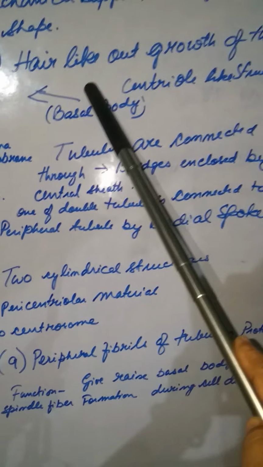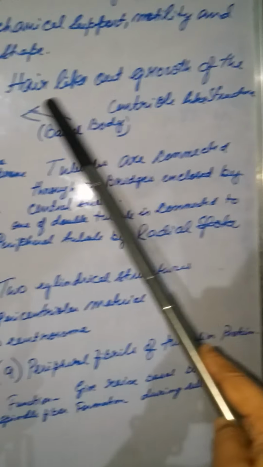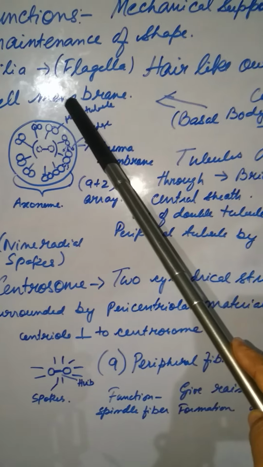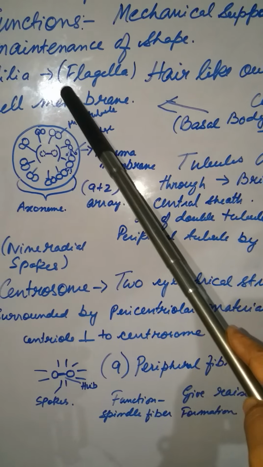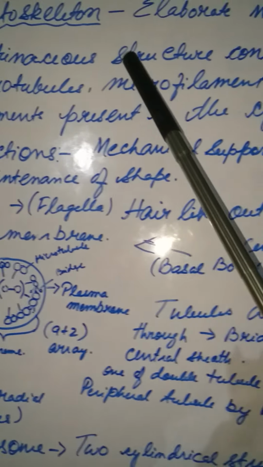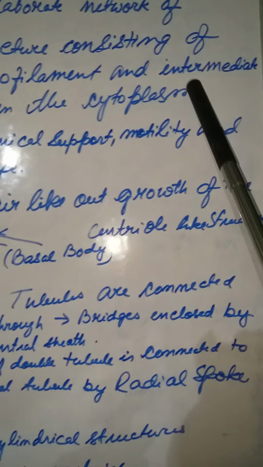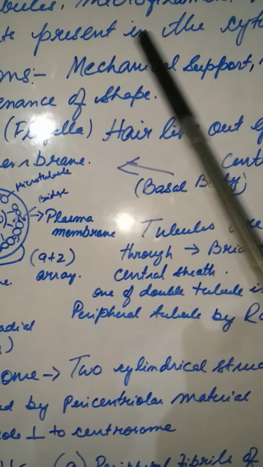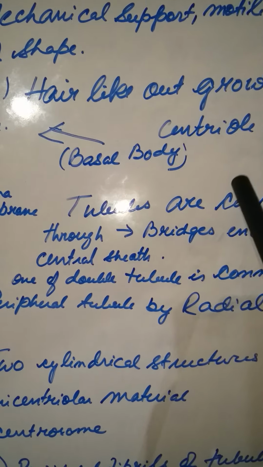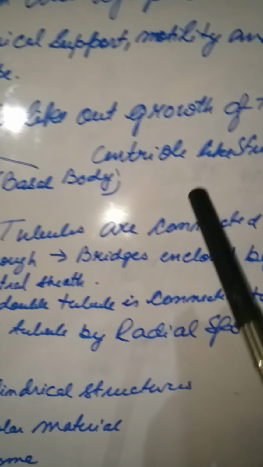They are hair-like growths of the cell membrane. That means they originate from the cell membrane. Now, these two centriole-like structures, or the basal body, give rise to microtubule, microfilament, and intermediate filament. So they arise from the basal body or the centriole.